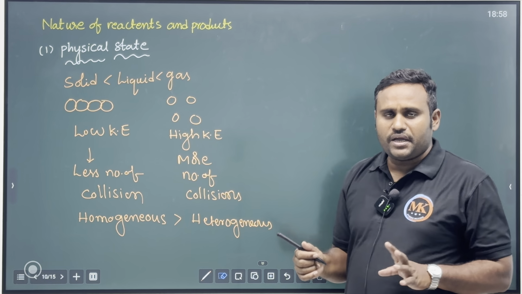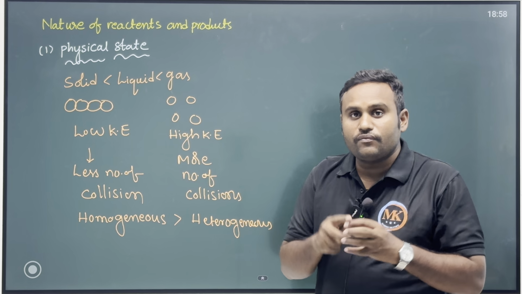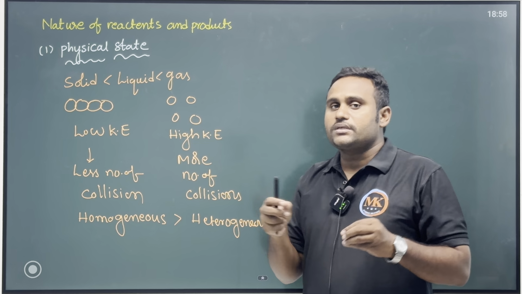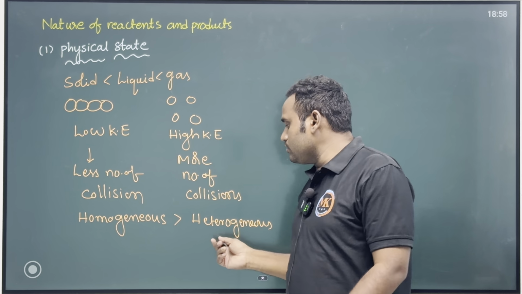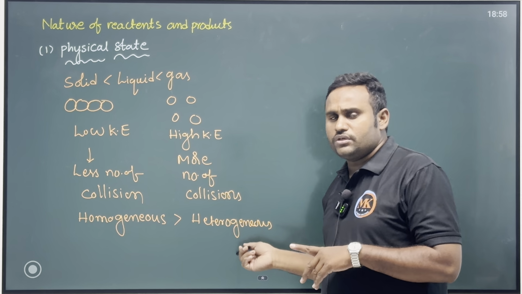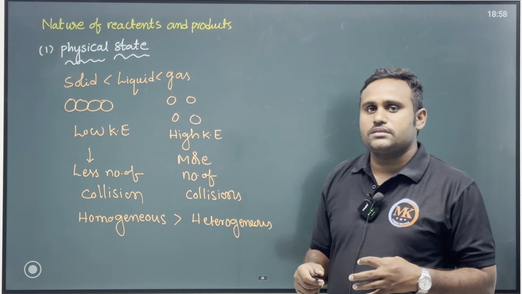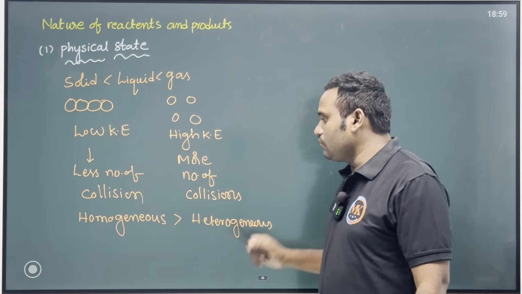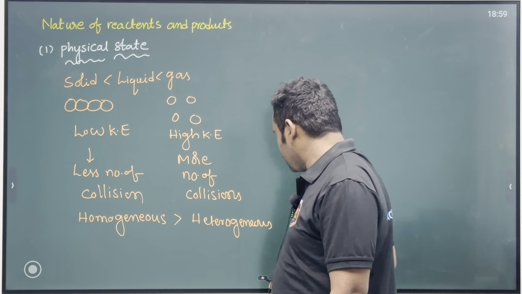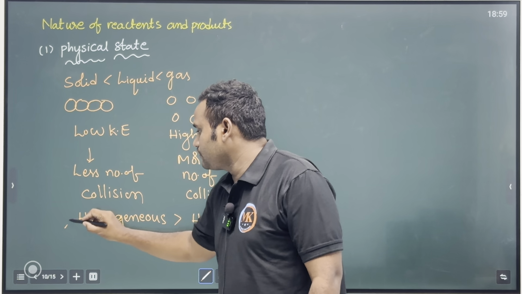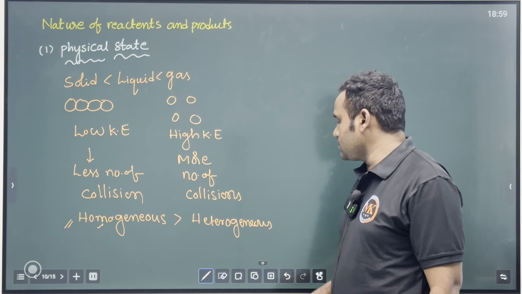In homogeneous reactions, the reactant species are mixed uniformly and there is a higher probability of collisions. In a heterogeneous phase there is no thorough mixing of reactant species, so there is a lower probability of collisions. That is why a homogeneous phase gives a higher rate of reaction than heterogeneous reactions.